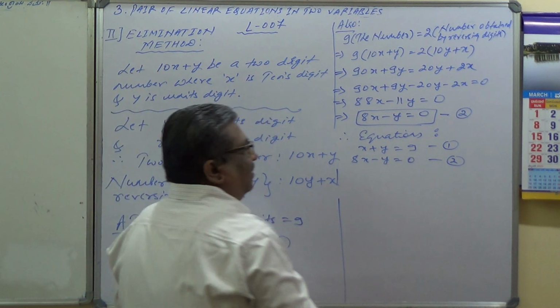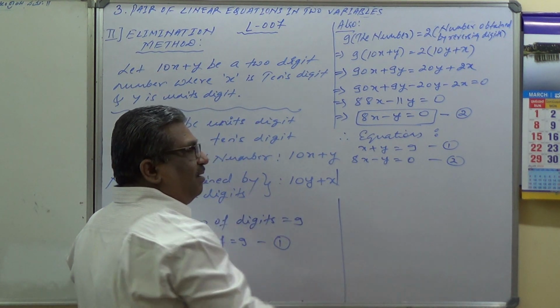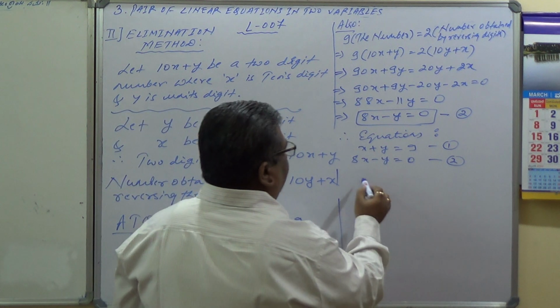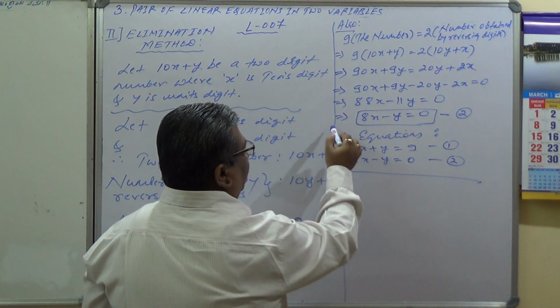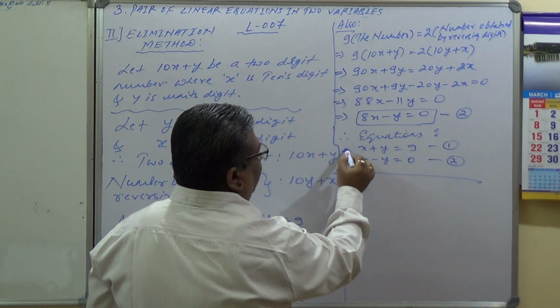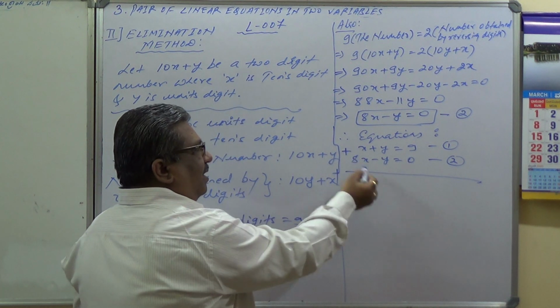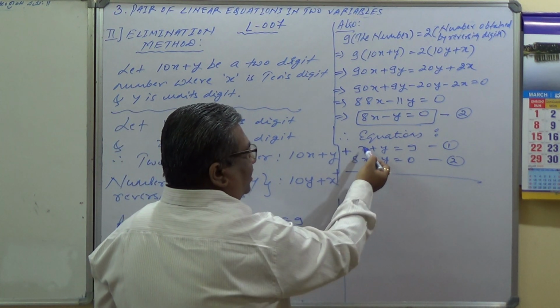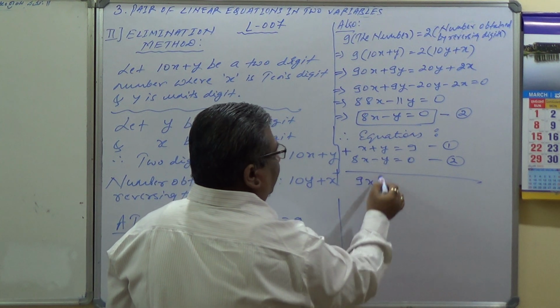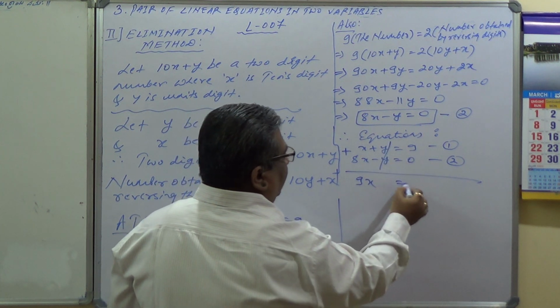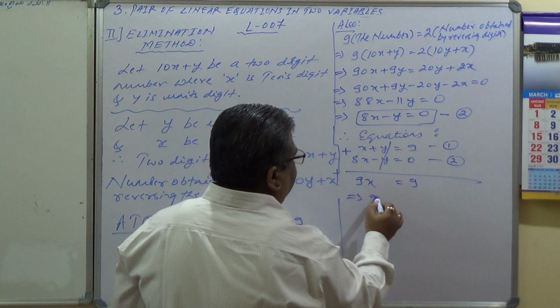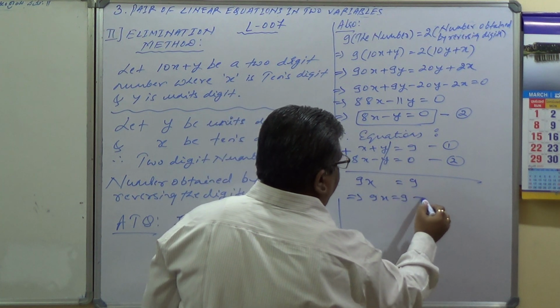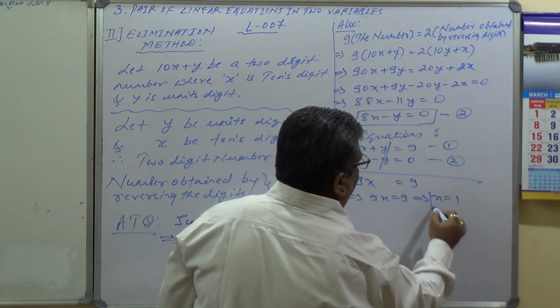Which one would you like to eliminate? Definitely y, by simple addition. So I will directly write the equations and put a plus sign. 8x plus x is 9x, 0 plus 9 is 9, so 9x equals 9, which implies x equals 1.